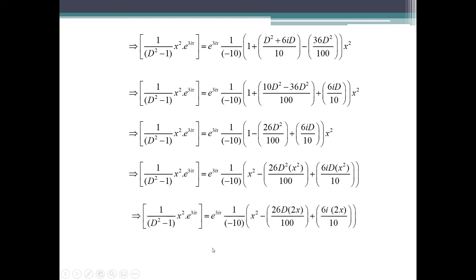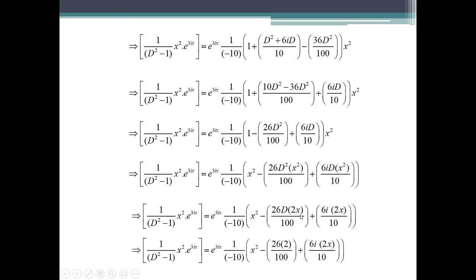Here x, this up to this x square as it is. Now the first derivative of x square is 2x and here the derivative of x square is again 2x. Now again in the next step, here we find the next derivative term. Here the next derivative is 2, therefore here 2, remaining terms as it is.